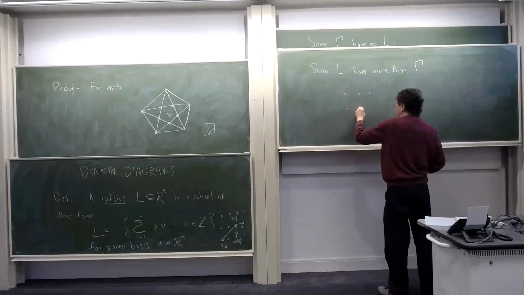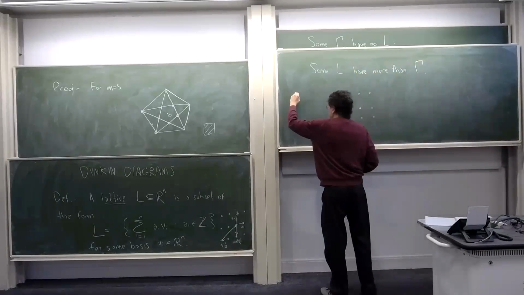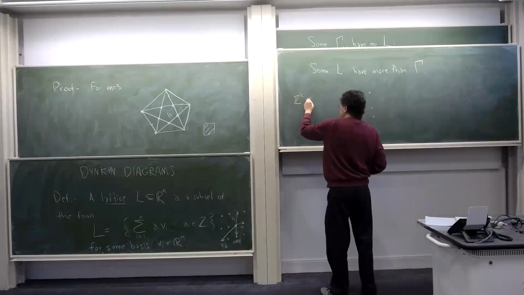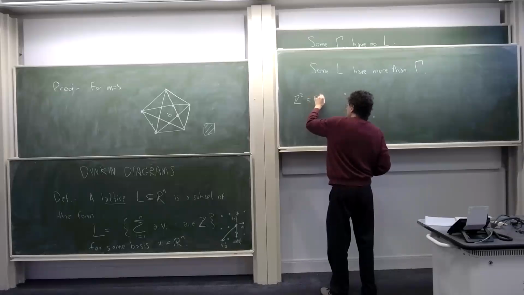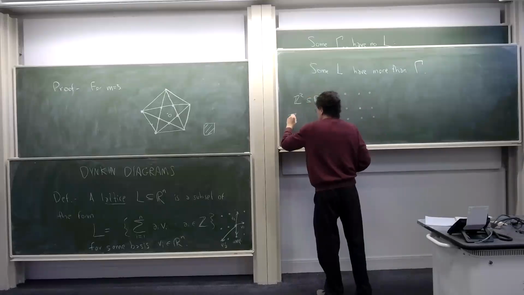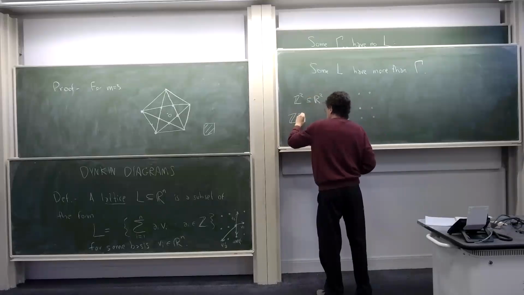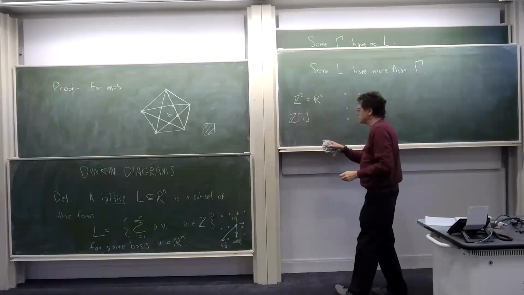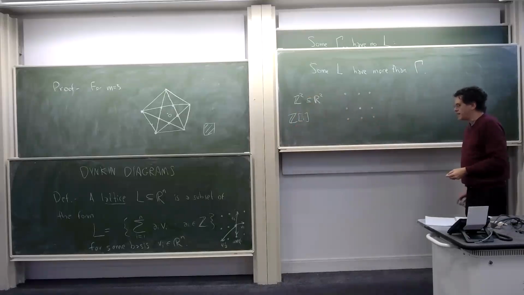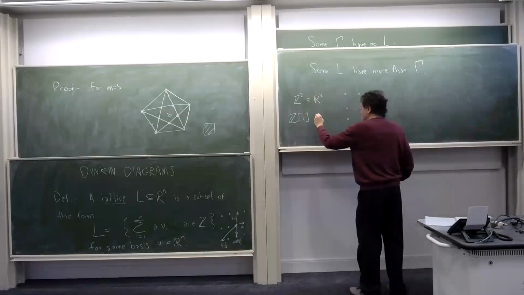Just take the square lattice in the plane. So this lattice, you can think of it as Z squared sitting inside R squared. Or another fun way to think about it is you could think of it as all the numbers of the form a plus bi in the complex plane.